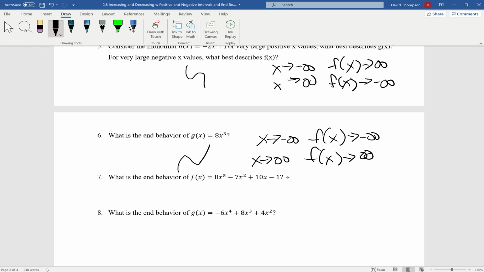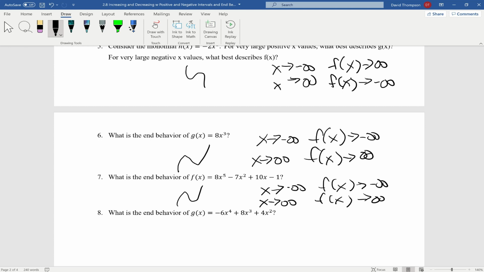Number 7, we have the function 8x to the 5th minus 7x squared plus 10x minus 1, so the graph's going to look something like this. So we have x approaches negative infinity, f of x is going to approach negative infinity. As x approaches positive infinity, f of x is going to approach positive infinity.